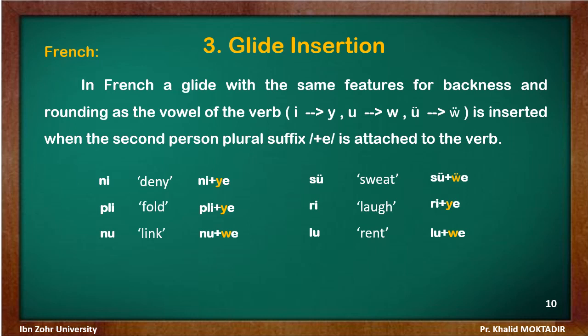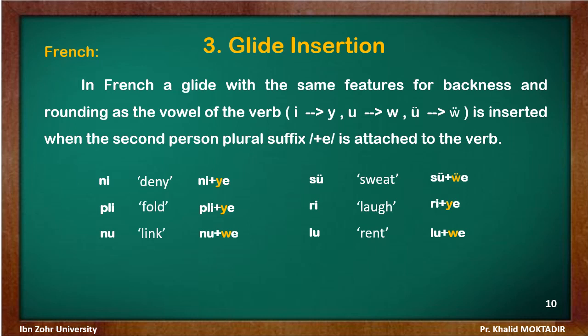Now, here we have the verbs in the imperative form, and then we shift to the infinitive form. Look at the verb deny, ni. We add the infinitive suffix a, and we end up with two vowels, i and a. I is minus back, minus round, so therefore we are going to insert the glide y, which is also minus back, minus round.